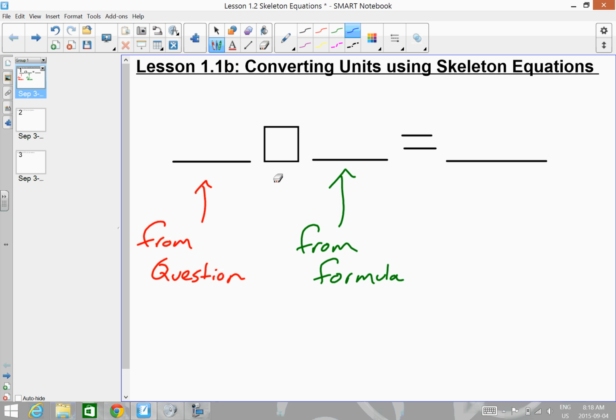In the middle, inside that box, is either going to be a multiply or divide. And on the other side of the equal sign is going to be your answer. Yay! Alright, so let's talk about how to use one of these with an example.